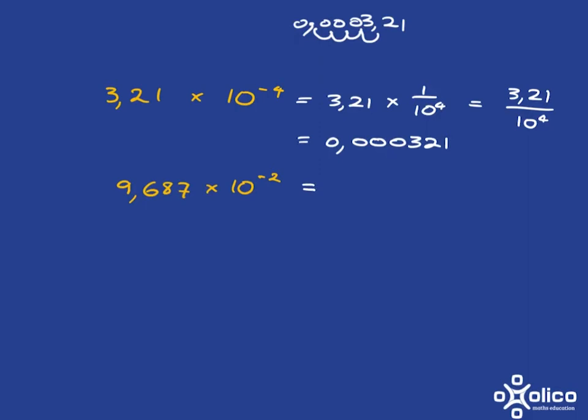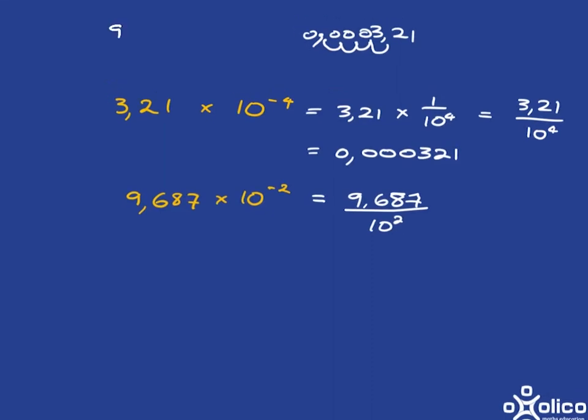This one here, again, is 9,687 divided by 10 squared. So we take our 9,687 and divide it by 10 and divide it by another 10.